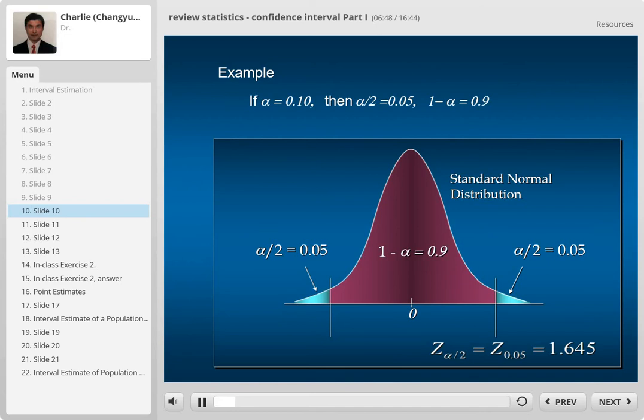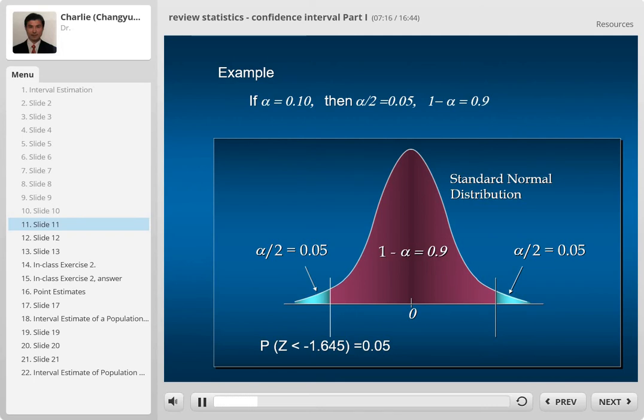So here, alpha over 2 equals to 0.05. So z_alpha/2 equals to z_0.05. From our previous in-class exercise, we know z_0.05 equals to 1.645. So this z value is the point on the z-axis here.